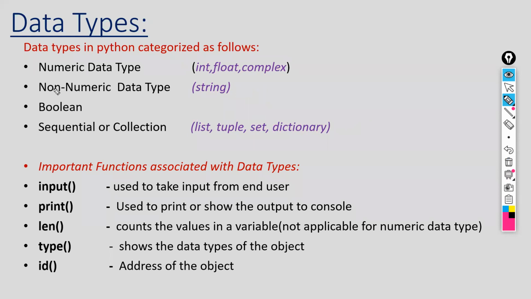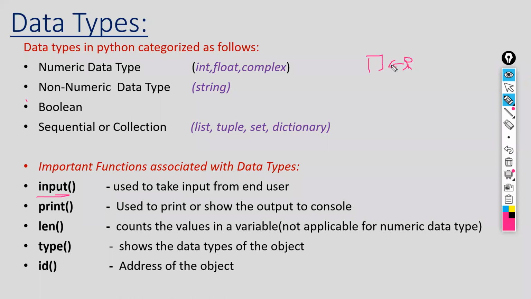Before going into all this, let's talk about a few important functions we use in Python which are associated with data type. Input. If you want to take input from the user, let's take this is the user and he needs to enter the data.